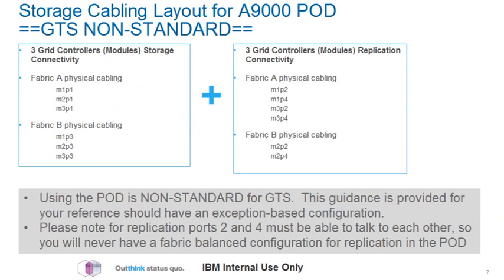So we've got modules 1 and 3 on fabric A, just as we specified in our rule, and module 2 on fabric B. We realize that's not balanced. Unfortunately, with a 3-controller config in the pod, it is impossible to balance the replication connectivity because the 2 ports on the same module have to be able to talk to each other. There's no way around this.